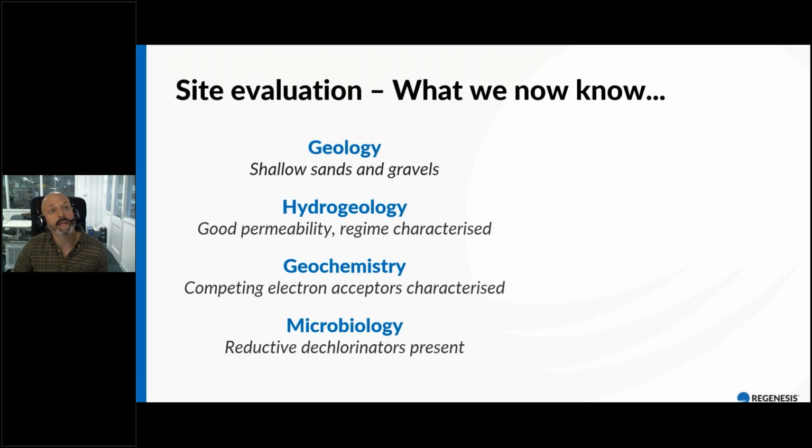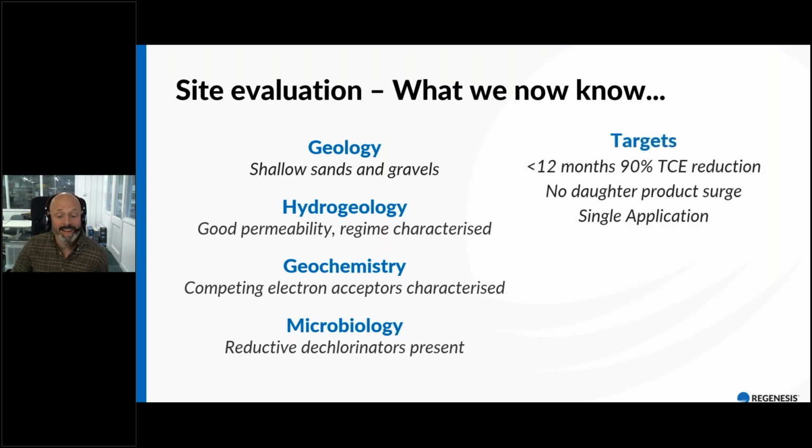So again, that supports leading towards a biological solution, and the need to bio-augment or to add a consortium of microbes, that's not necessary here. And targets, so 90% reduction in TCE in 12 months, no daughter product surge, and a single application. So we're looking for something quite aggressive here, something fast acting, but also with enough staying power to not need further applications to finish the job.